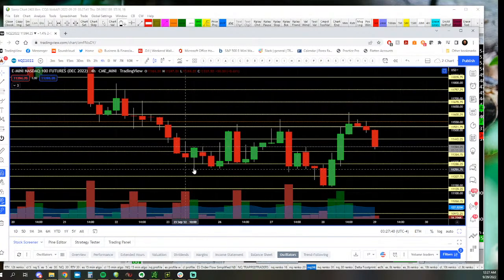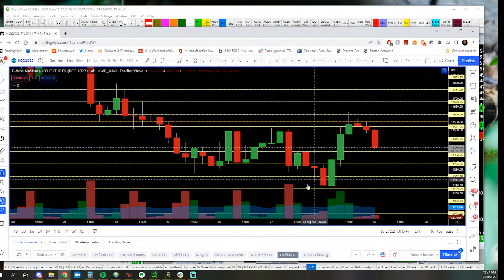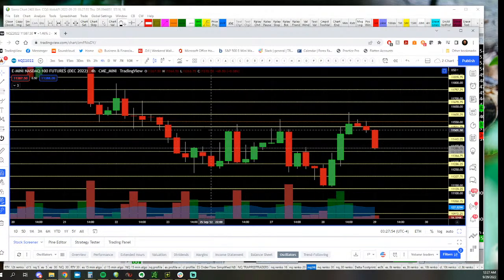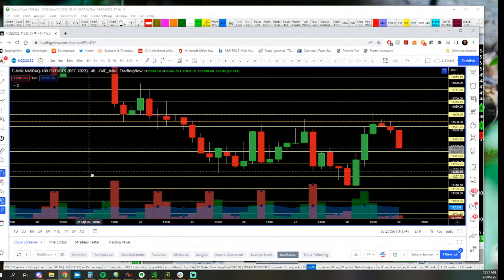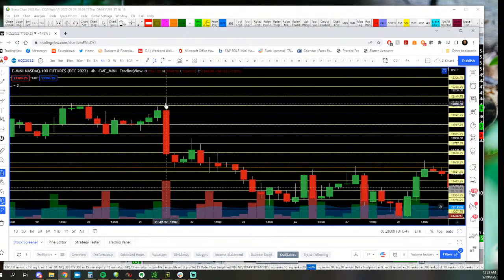But yeah, what I'm looking at here, if you haven't seen my video about the voodoo range and how I use it, the two things I use it for primarily are to target exits, and then also to determine what phase we're in. So you can see we were in a momentum phase back here where we were dropping more than two voodoo range levels, and then the retraces were much smaller, right?